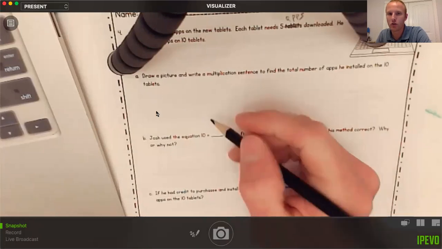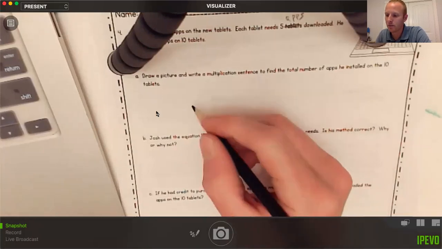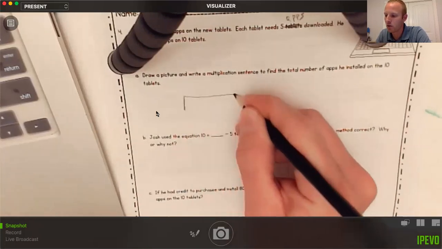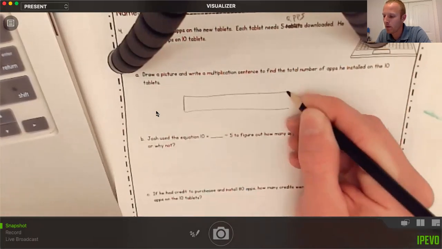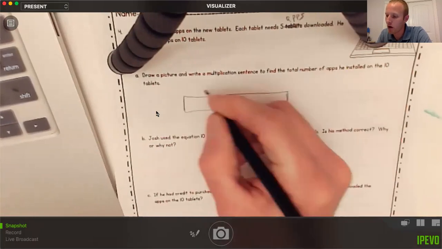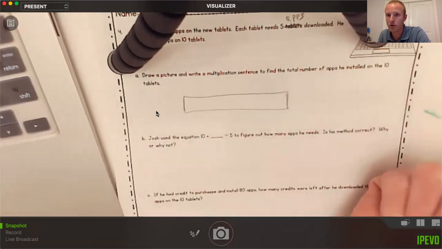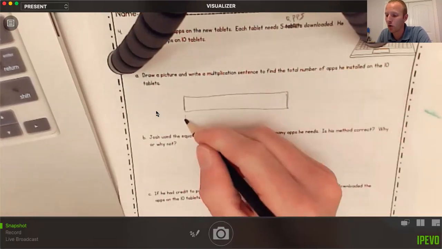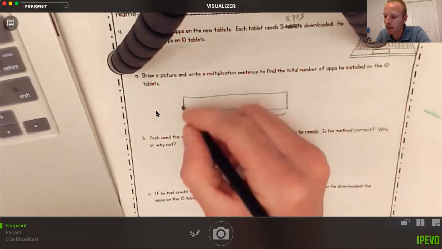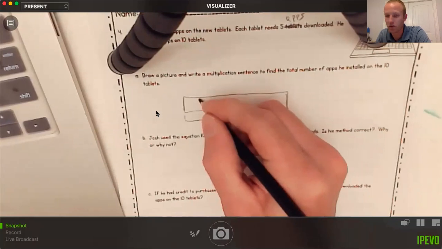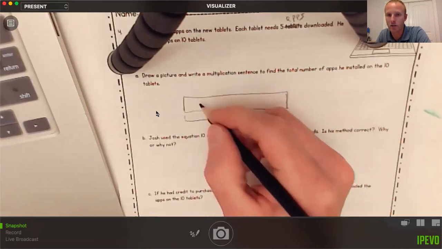So I'm going to do a tape diagram. I know the number of groups, and I know the size of the groups. I don't know the total yet, so I'm going to leave the total down here blank for now. But I can start filling in how many sections or units I have on my tape diagram.